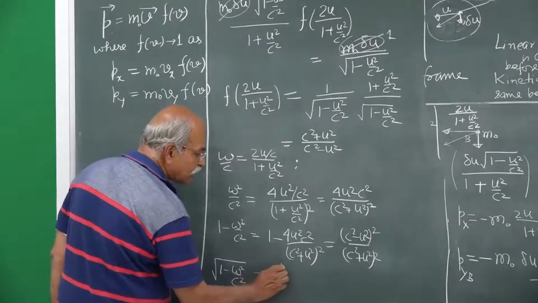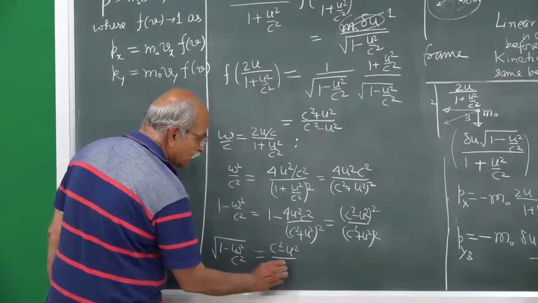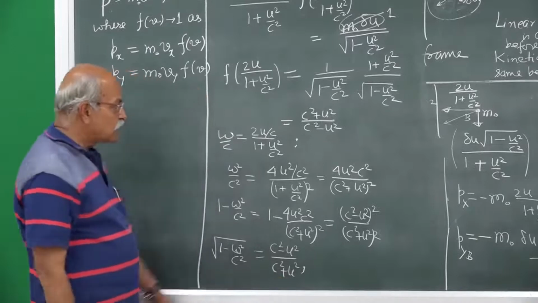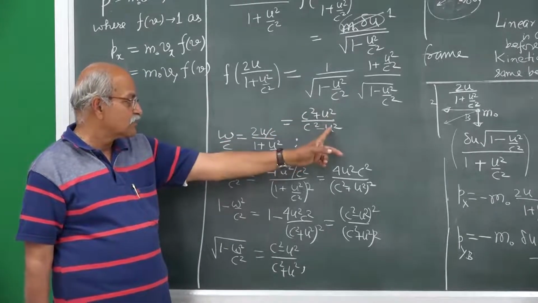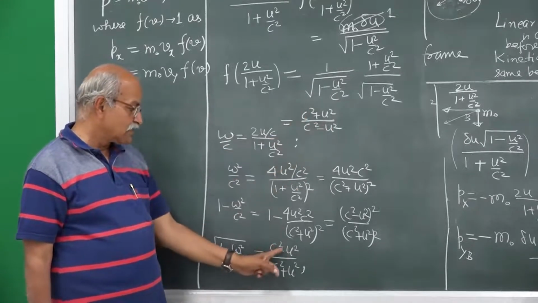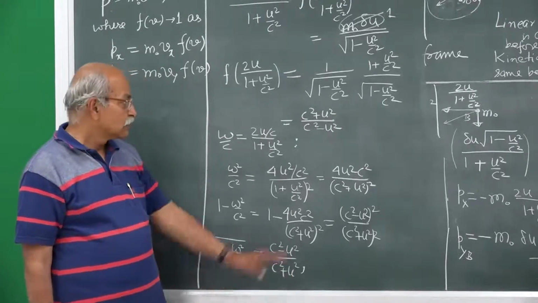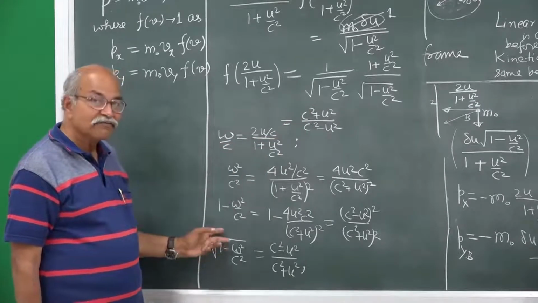It is (c² − u²) divided by (c² + u²). And so, what is this quantity? (c² + u²) divided by (c² − u²). Look at here, it is just reciprocal, (c² − u²) divided by (c² + u²). So, this quantity is reciprocal of this.